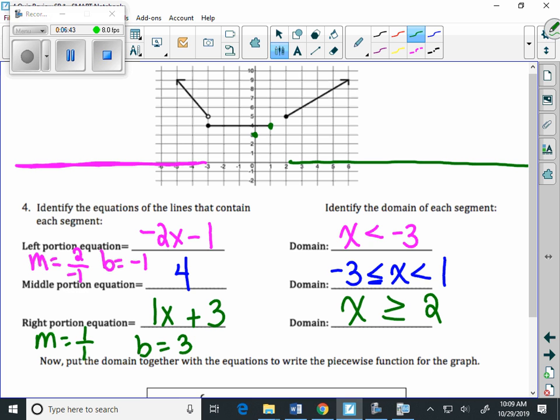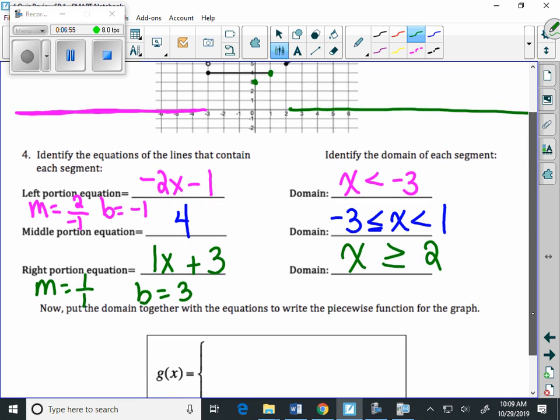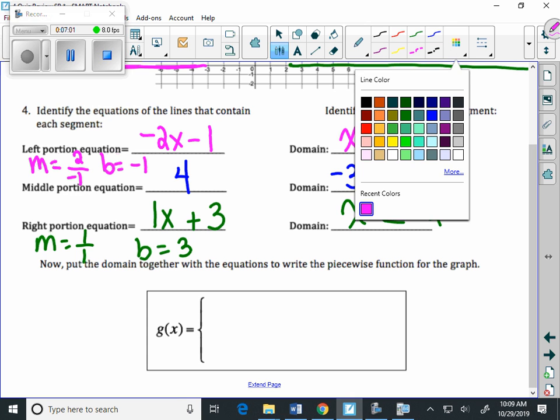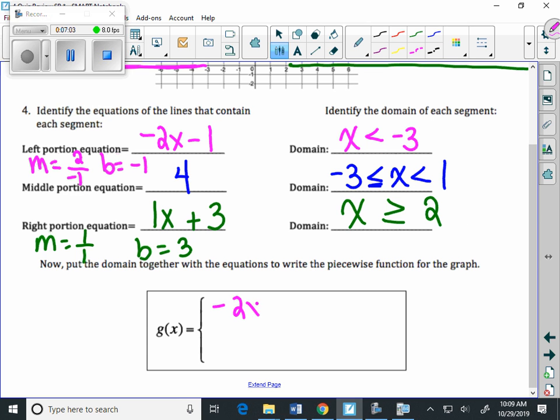And now that we've determined all of those values, and again, some of you, that's a good way to just really do piece by piece. But some of you can go directly down here and fill in what we need to fill in, which starts with the -2x minus 1 if x is less than -3.